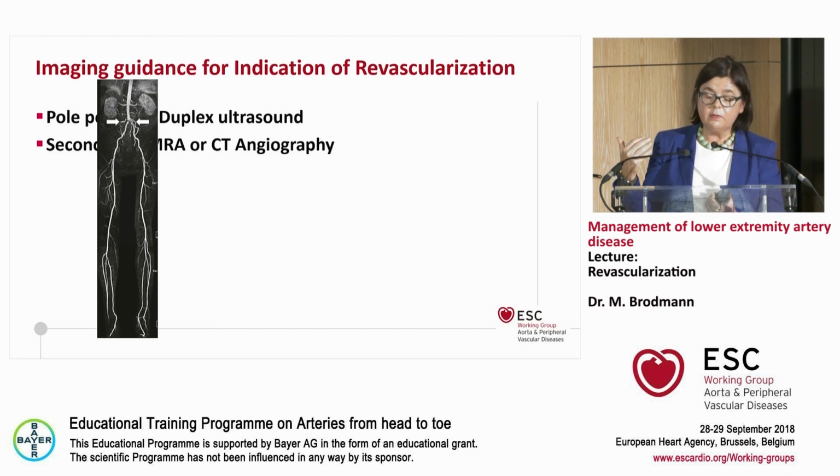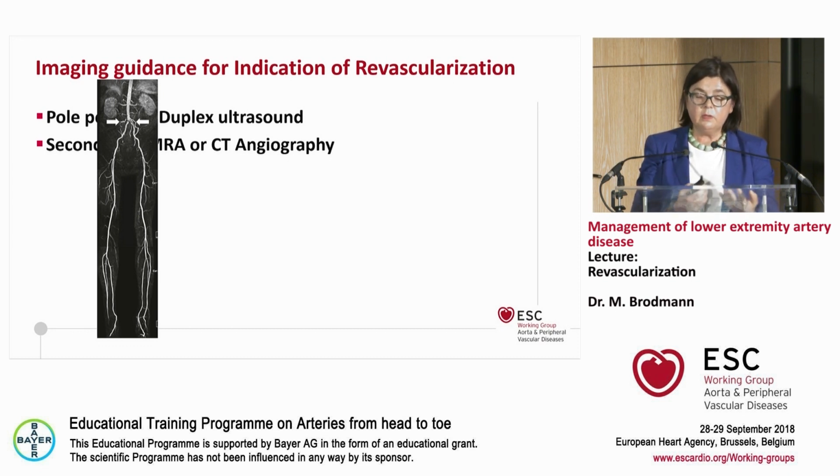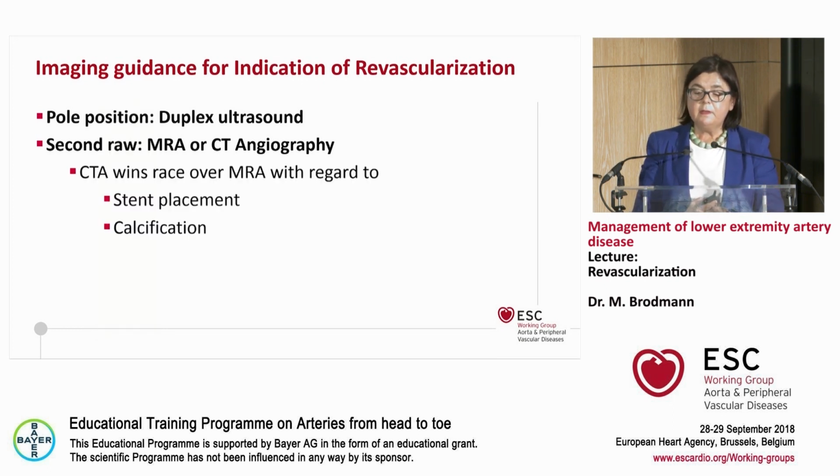You cannot do it by yourself, therefore second row, but you have the advantage to see the whole vessel in one image, and we will see this tomorrow during the hands-on workshop, what are the advantages of MRA or CT angiography. CTA, the CT angiography, wins the race over MRA with regard to stent placement, because if you have stents already placed somewhere, you will see by MRA a total occlusion, so you cannot judge that, and by calcification.